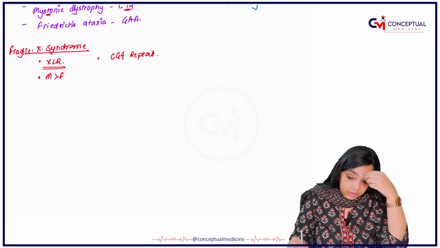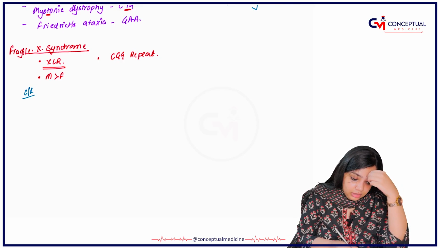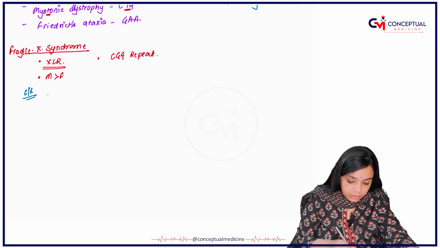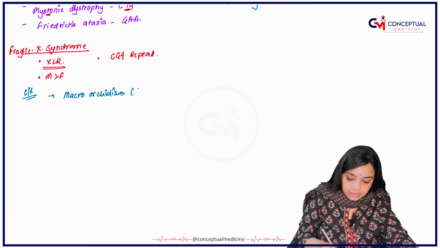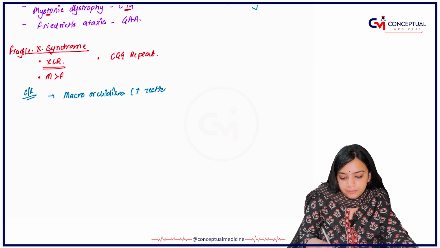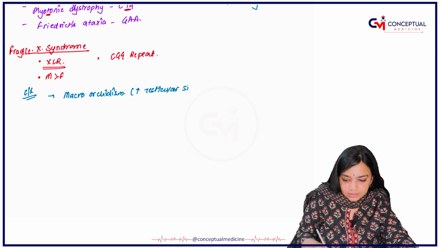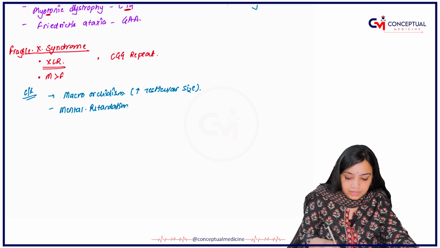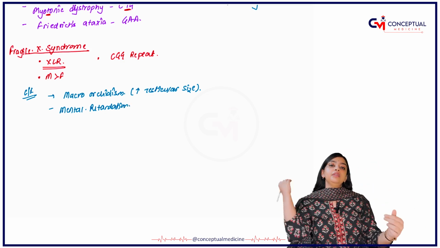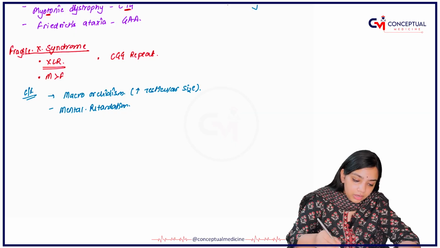If I talk about the clinical features that you will be able to see, first one is the macroorchidism. Macroorchidism means increase in the testicular size. Next you have is the mental retardation, and how we assess that is with the help of the IQ.